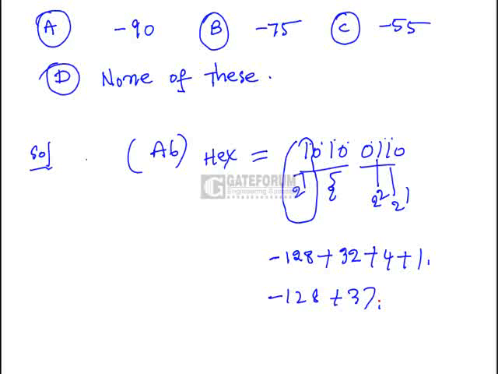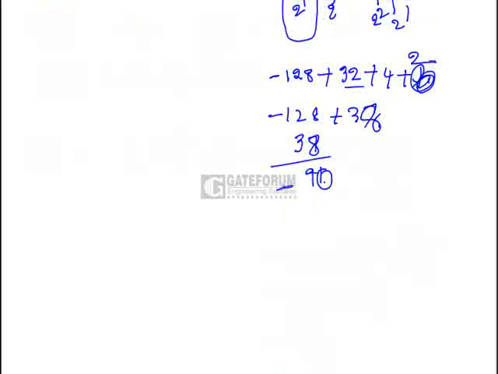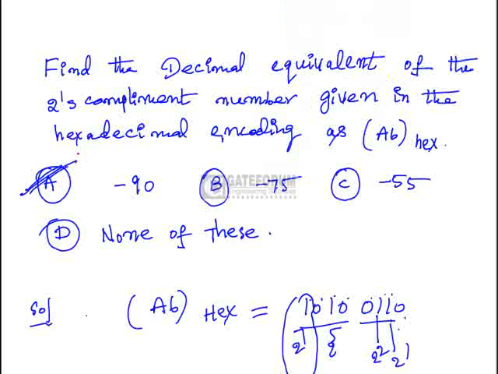Actually 1 is not there, because it is 2 power 0; 2 power 1 means it is 2. So it will be 38. So when 38 is subtracted from 128, we get 90: minus 128 plus 38 is minus 90. So it is option A. Option A is correct.